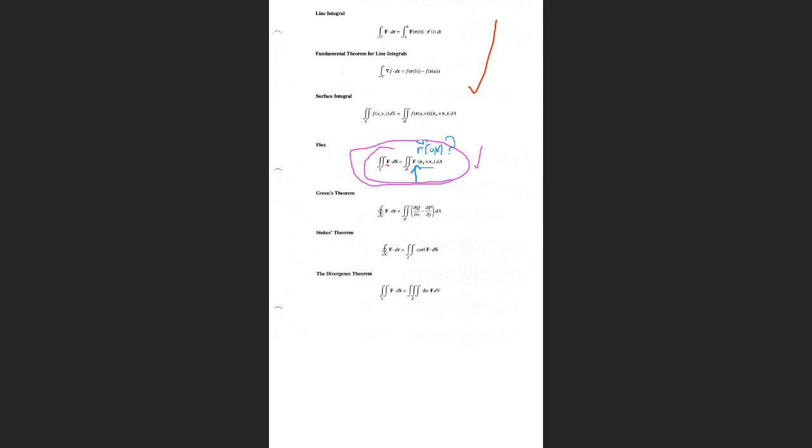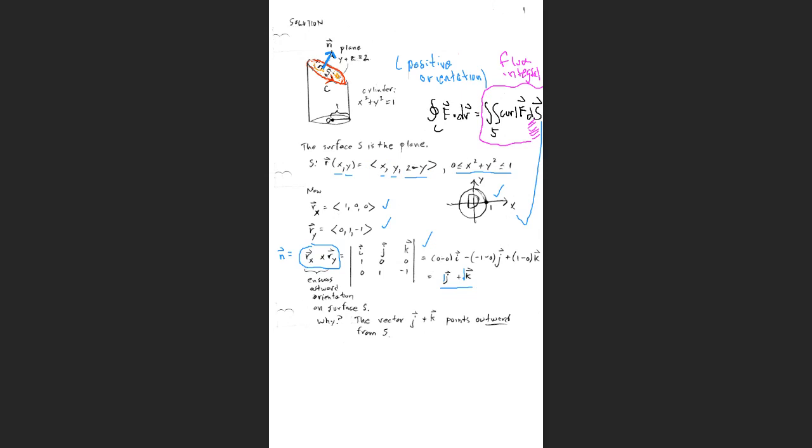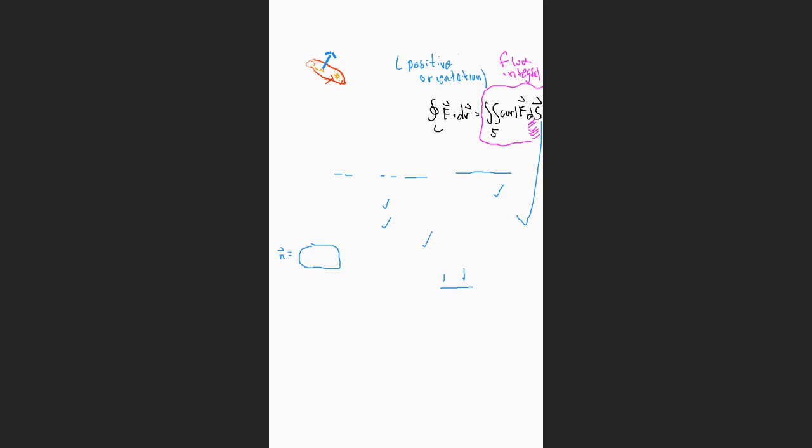Because we're using Stokes' theorem, the vector field is the curl of F. So we have to find the curl of our vector field. Please let me know if you have any questions, and if not, I will proceed to the next page, of course.